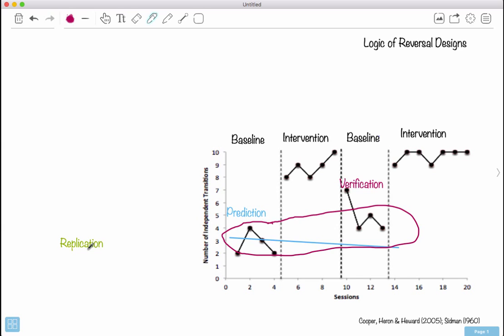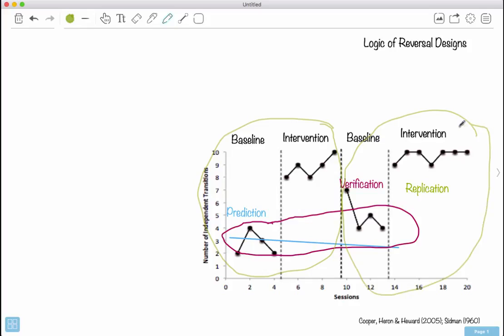But then we also want to demonstrate replication, a replication of effect. And so that is done by returning back to the intervention. So this replication has been demonstrated twice over. We first had the baseline introduce the intervention, and then we were able to replicate that again by returning back to baseline and back to intervention.